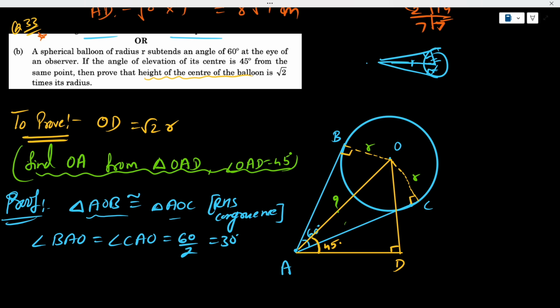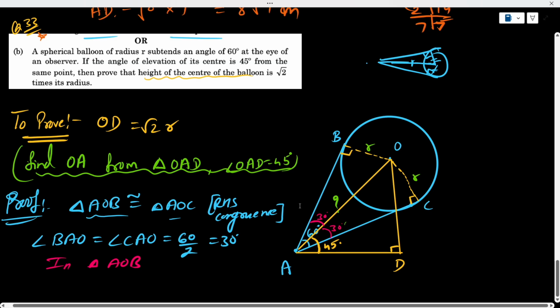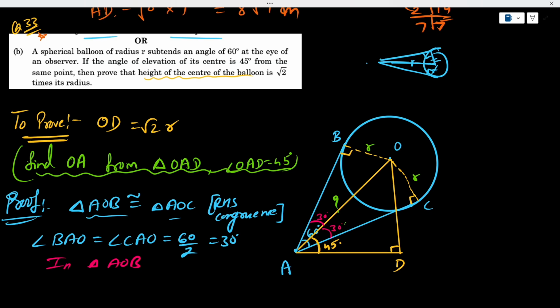Now you can see in your figure which angle will be 30, because I need one of the acute angles to get OA. This part is also 30 degree, right? Now how will we take it here in triangle AOB? Now which trigonometric ratio can I use here? I need to find out OA, which is hypotenuse, and this is opposite.